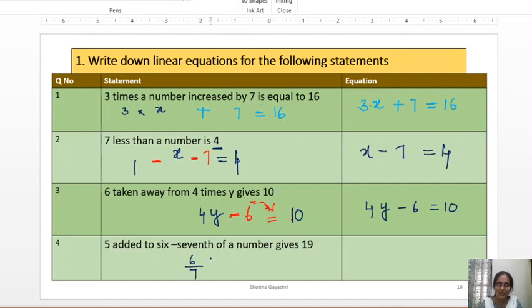Of means multiplication. We will not write the multiplication sign because it confuses with your x. 5 added, you have to add 5 for this term. Gives means equals 19. Your required equation is 6 by 7 x plus 5 equals 19.